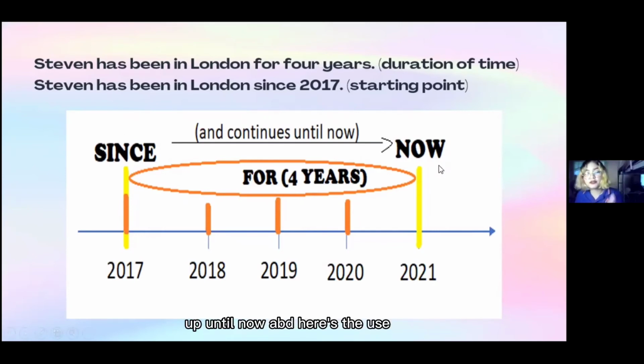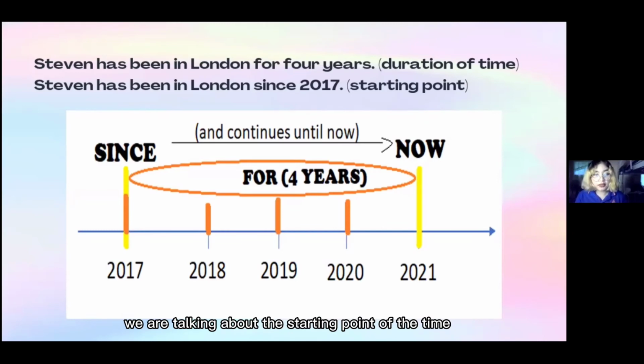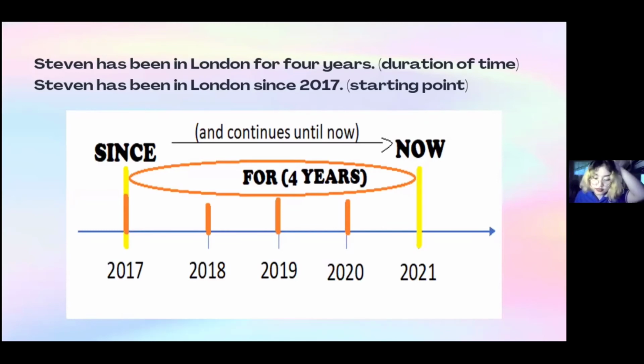So here's the use, okay? When we use for, we are talking about the duration, how long or how short the period of time is. And the second one, since, is the starting point of the time. Since last year, since 2017, since 1980. Do you get it?